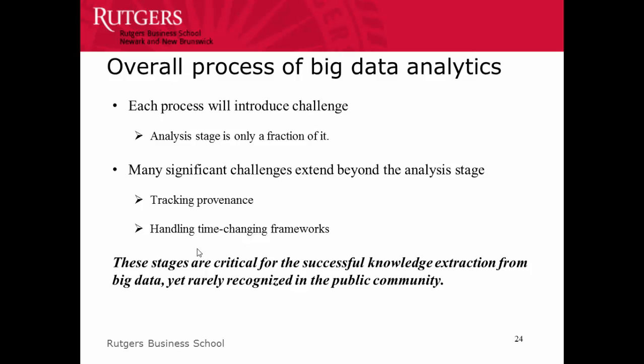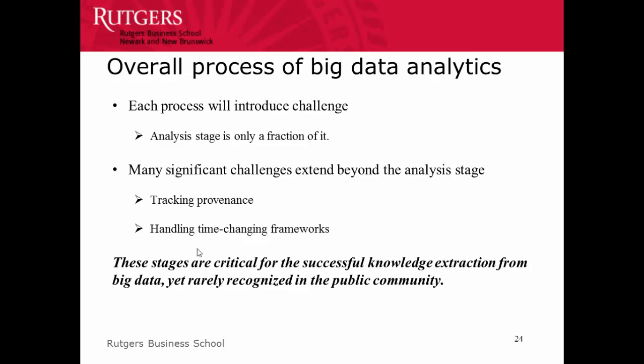This is critical for big data analytics because it requires a lot of effort and even human collaboration, so that without tracking provenance, when you have a difficulty with something, it would be extremely difficult for you to find the causes of that. And also, we need to handle time-changing frameworks.